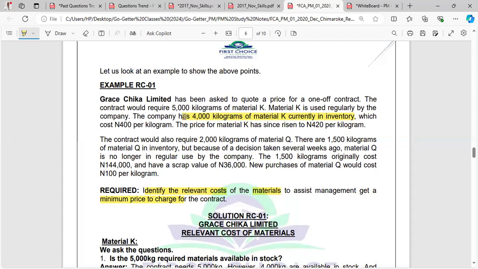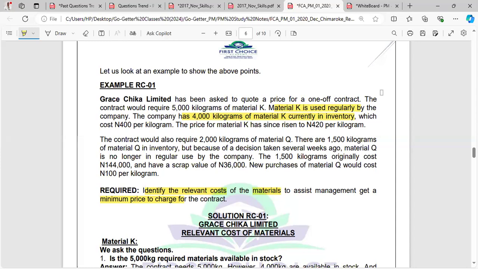Now, this 4,000 that we have in store already, is it in regular use by the company? The company says here that material K is used regularly. So it means that even if we went to buy 1,000, if we touch this 4,000, because we need 5,000, we touch the 4,000, we will still need to replace it.